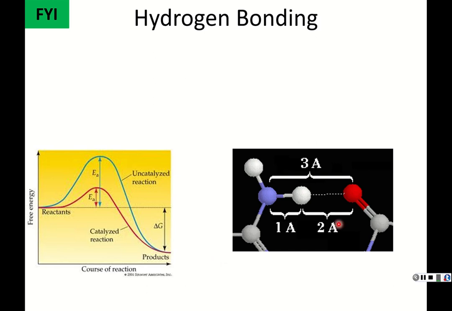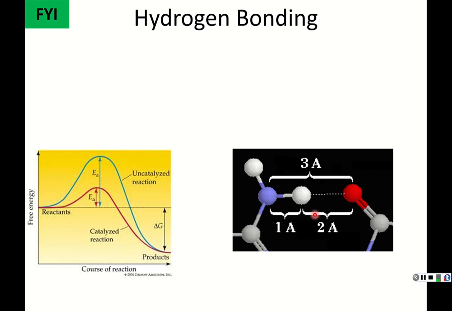You can look at this in a crystal structure of a protein and determine approximate lengths between certain amino acid groups.